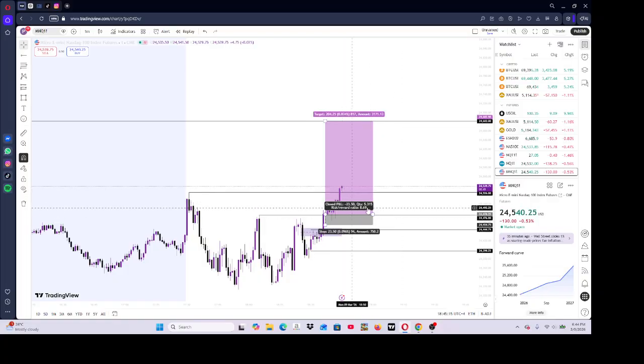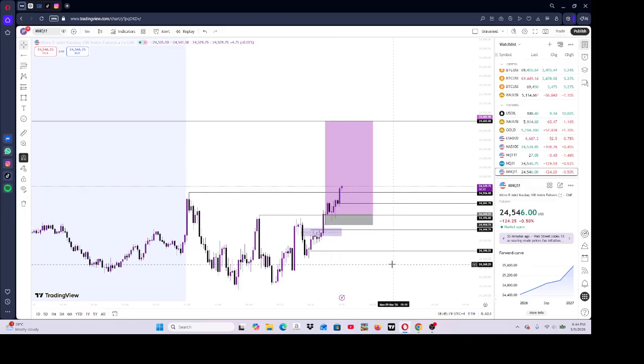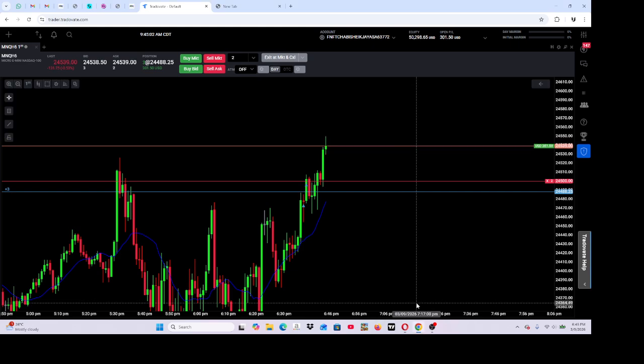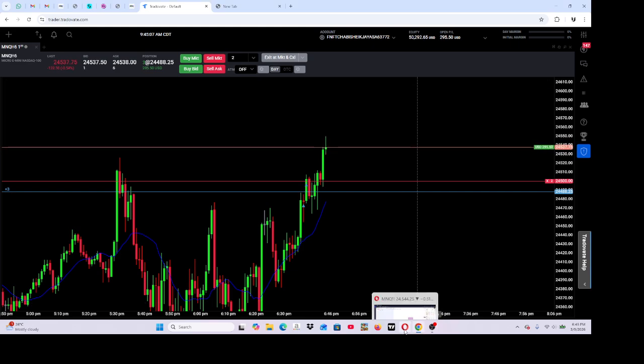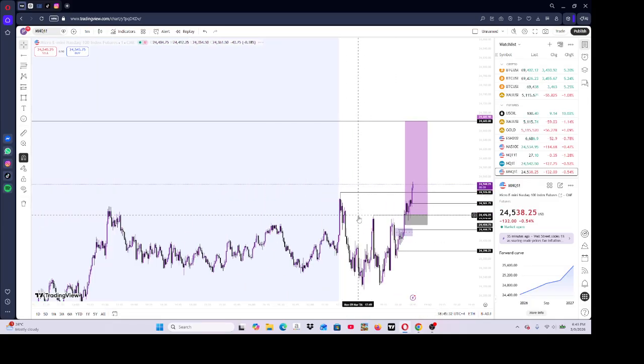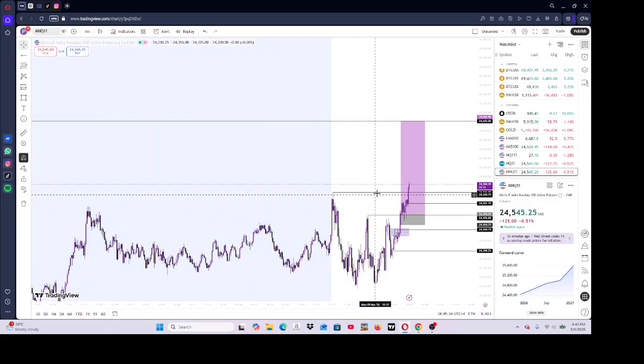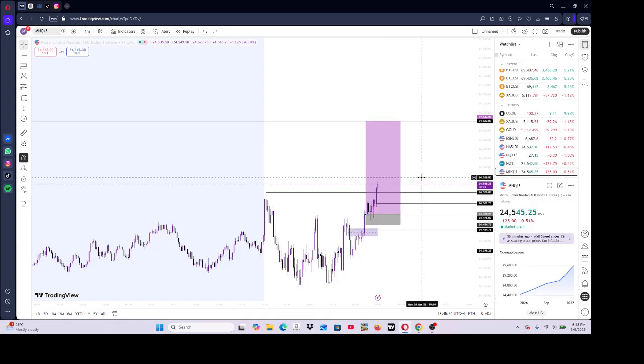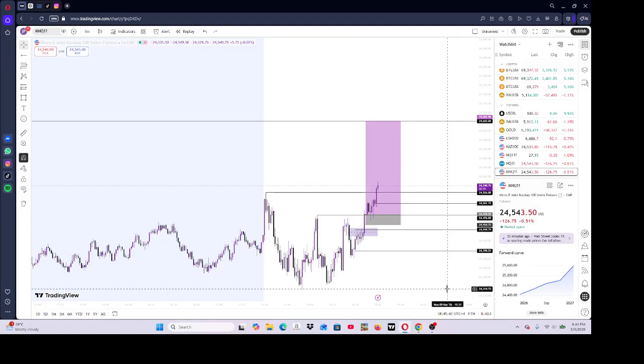Stop loss, my stop loss underneath these lows. Okay, rip it. Huge wick. Is there anything else here? Of course, it should come and grab these highs on liquidity. Of course.